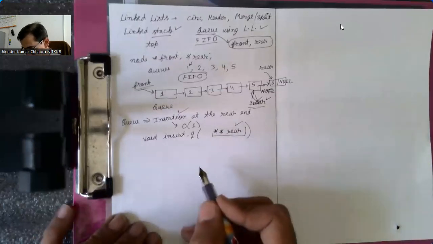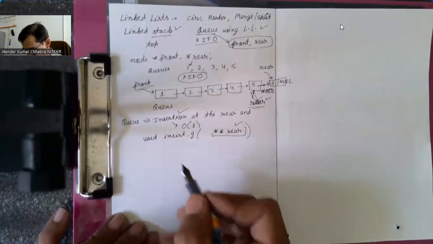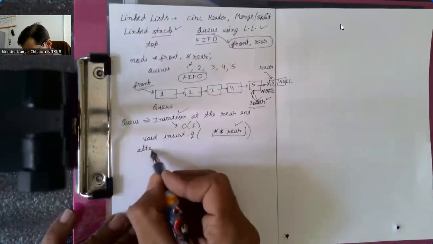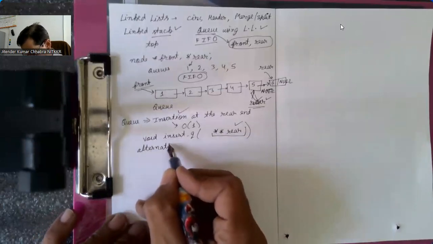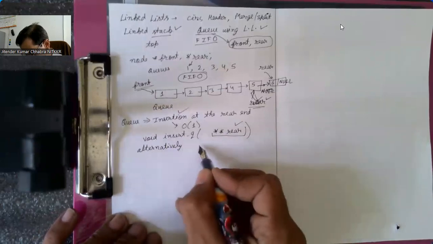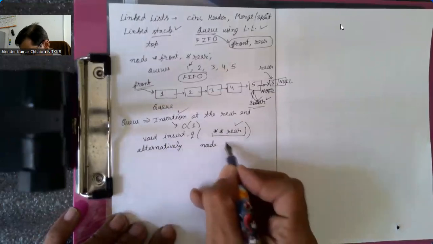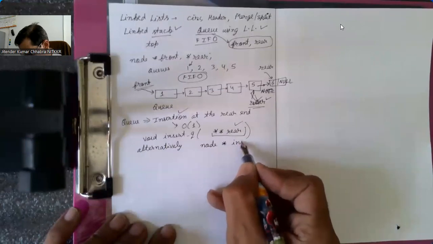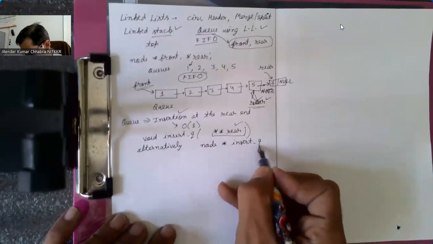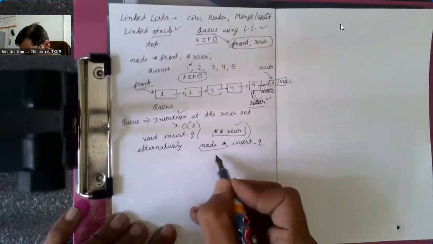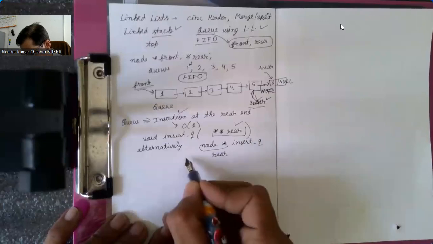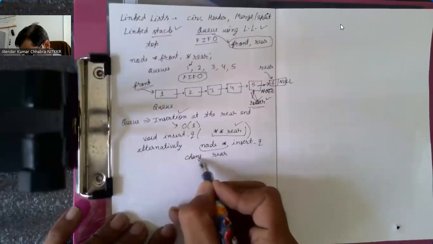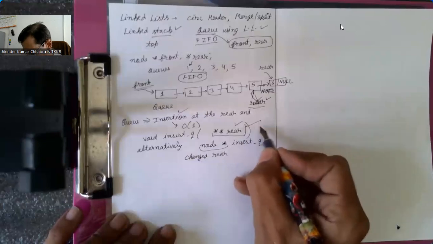Your rear variable exists as a pointer. Alternatively, you can have node star returned, and the changed rear will be returned. You can think of that, but I will prefer this solution.